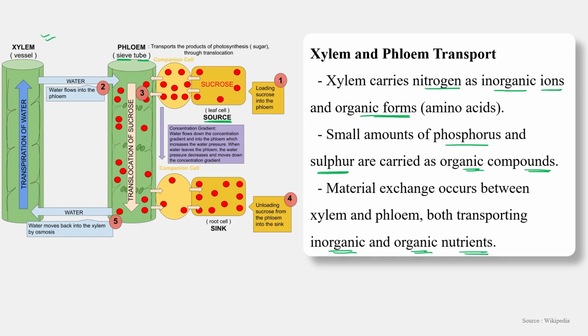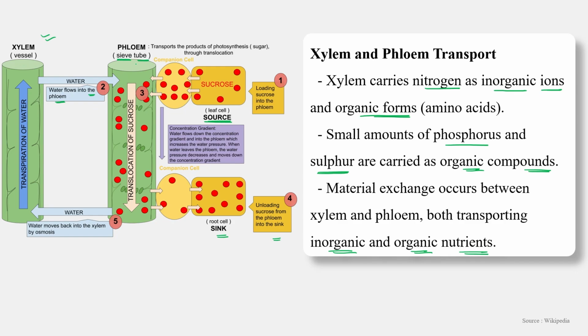Okay, and then it will again sink into the root cell. And the water which is utilized by the sieve tube is again retransferred towards the xylem. So this is how water also moves. Water flows initially into the phloem, providing a saturated sap solution of that particular sugar content.